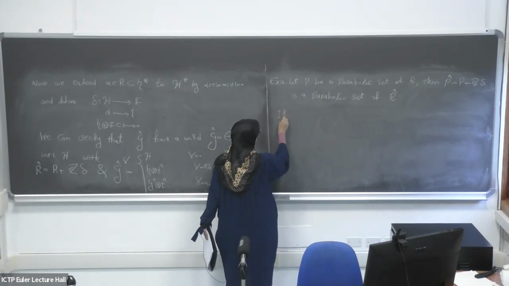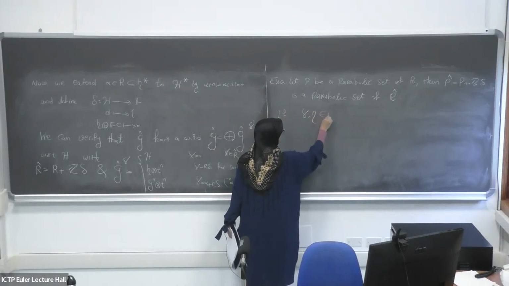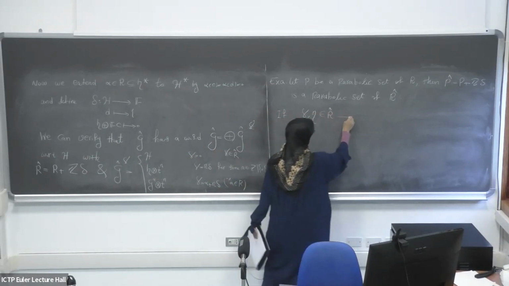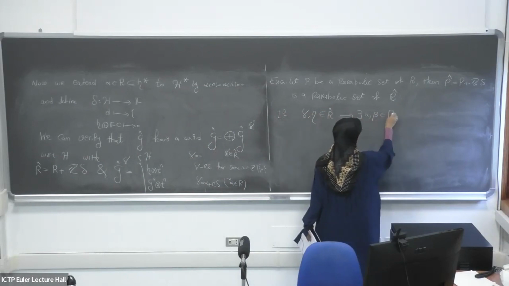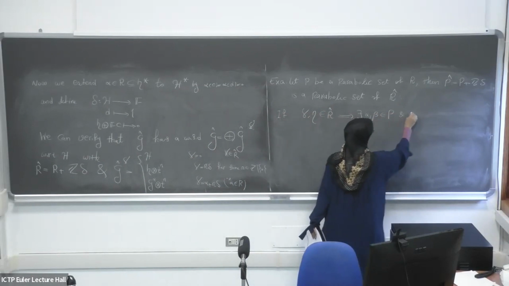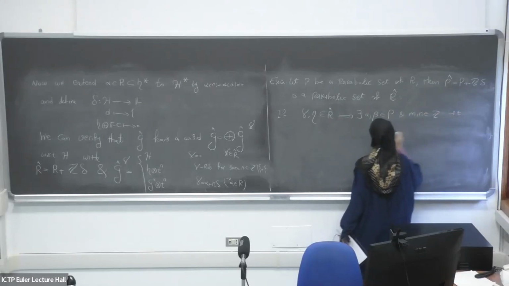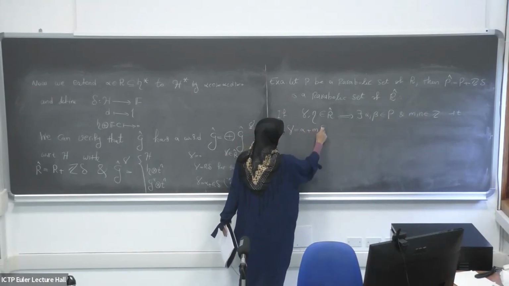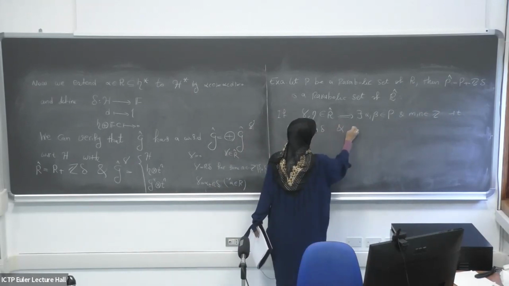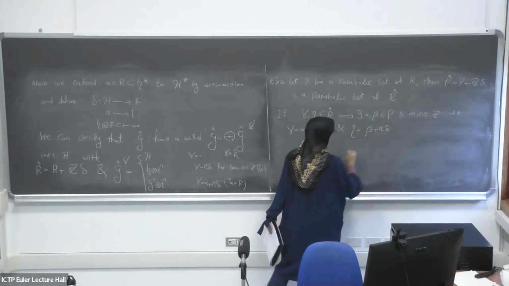If gamma and eta are elements of P hat, then there exist alpha and beta belonging to P, and m and n belonging to Z, such that gamma is alpha plus m delta, and eta is beta plus n delta.